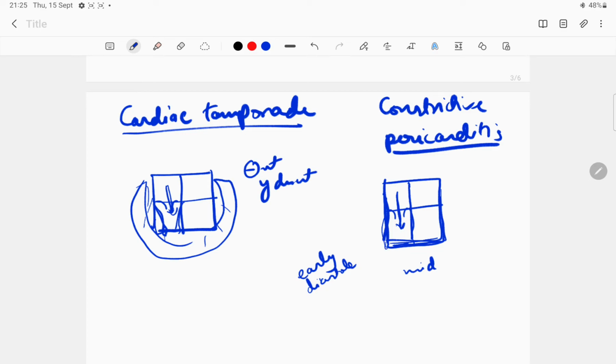So all the blood will come in the early diastolic phase. So there will be a steep Y descent, and there is such a rapid filling of the ventricles. So in constrictive pericarditis, we will see a steep Y descent.